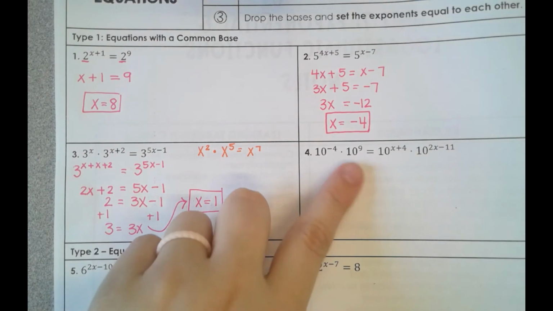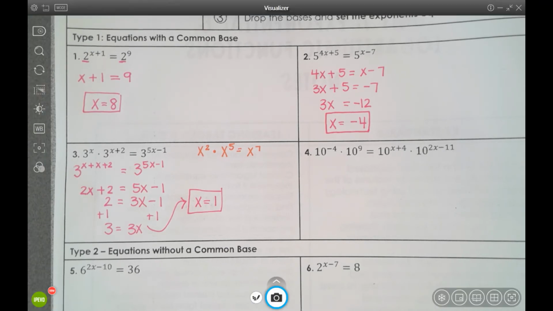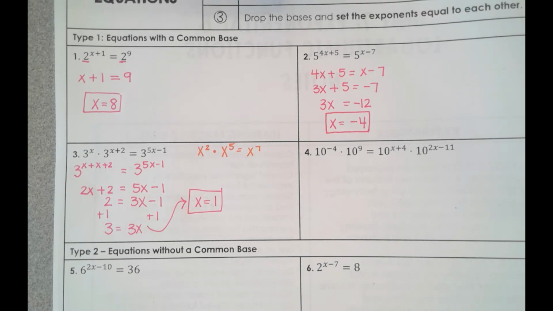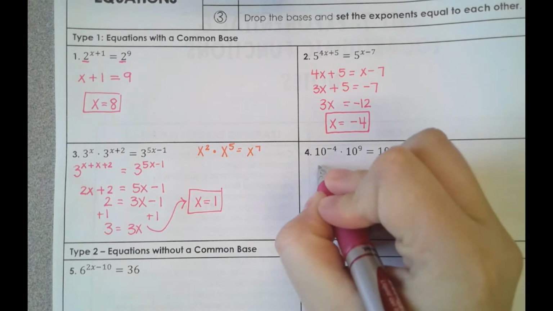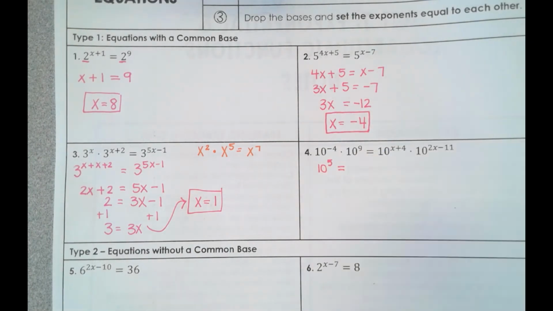Number 4, see if you can combine these so that we only have one base 10 on each side. This would be 10 to the 5th power, because negative 4 plus 9 is 5.